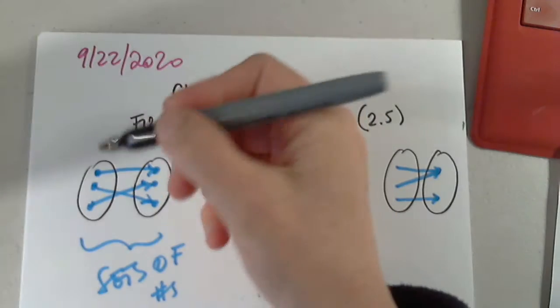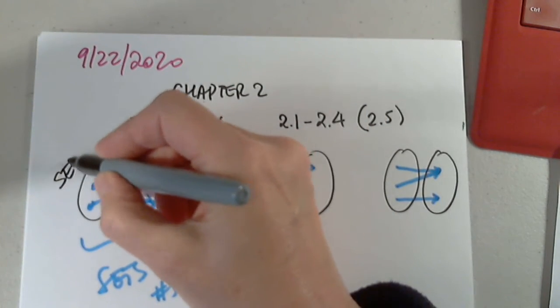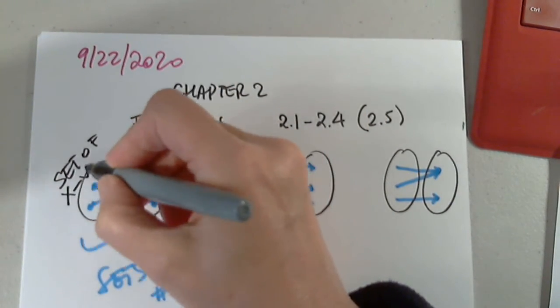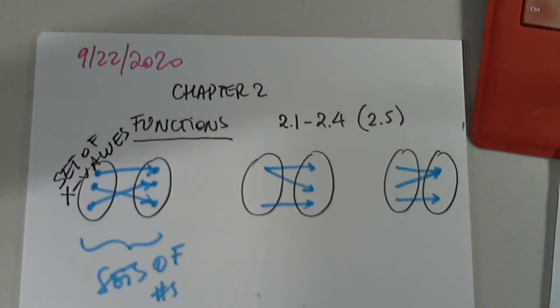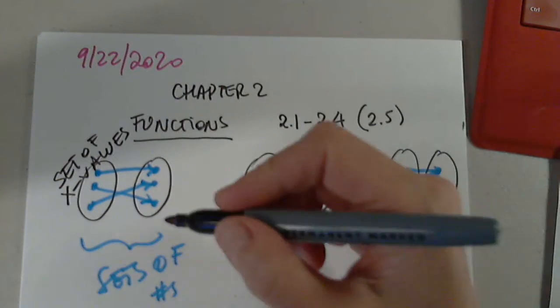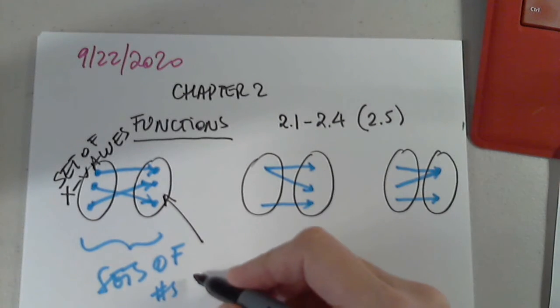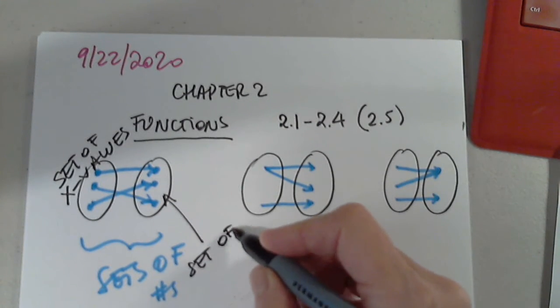So the first set is always the set of x values. Always the first one. The second one, of course, is the set of y values.